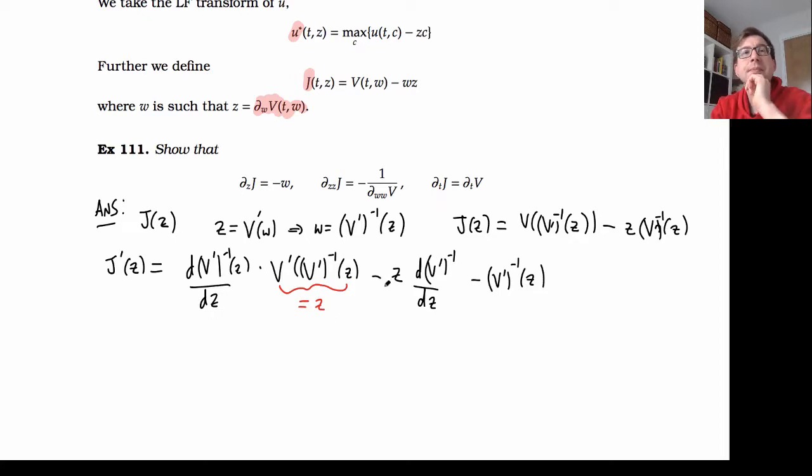And then notice that we've got this strange derivative times z in both expressions here. We've subtracted them off each other, so this is going to cancel with this. And so all I'm left with is minus v dash to the minus 1 of z, which I can see from this expression is just w. So all this is just w.